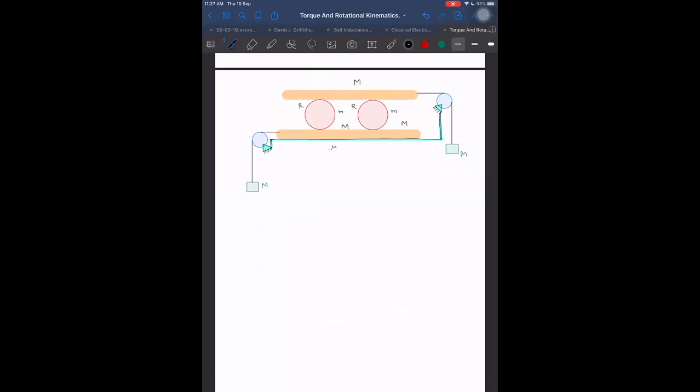This plank is kept on a frictionless surface, but there is sufficient friction between the cylinders and plank. There is sufficient friction between the cylinders and plank.